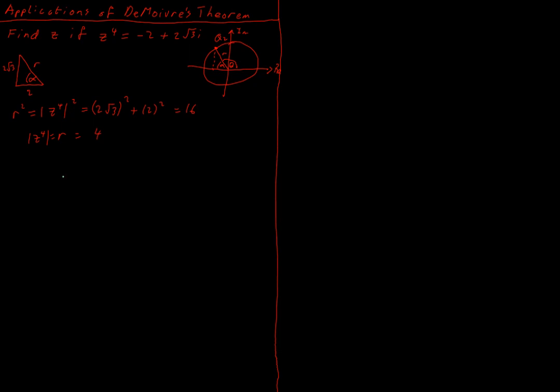And now I need to find my argument. So my reference angle is where I start off with that. That's my alpha. And I know that tan of alpha is equal to opposite over adjacent, root 3 over 1, inverse tan of both sides, and I get alpha is equal to pi over 3.